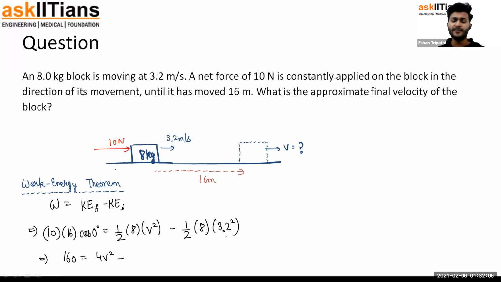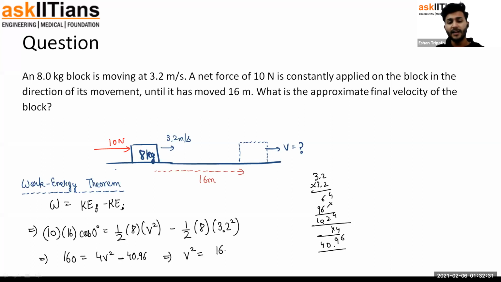And then here we have 3.2 into 3.2 multiplied by 4, which I think is 40.96. So basically, v square will come out to be (160 minus 40.96) divided by 4. Solving this, you'll get the value of v.